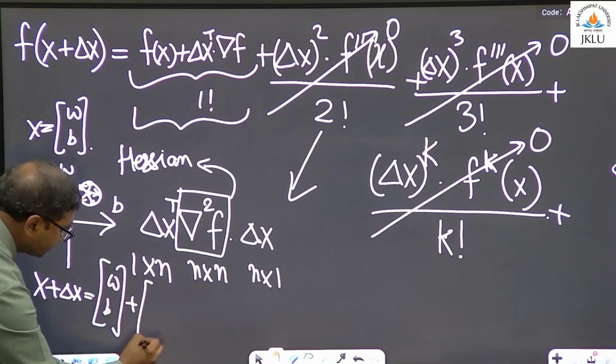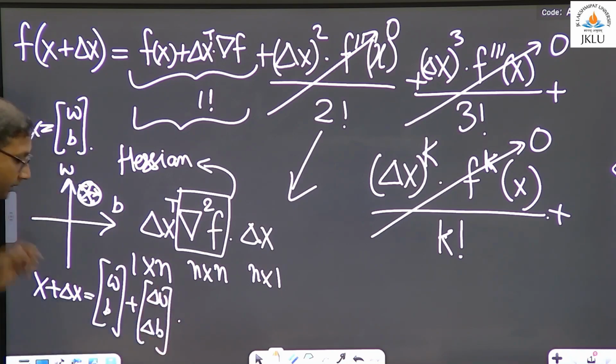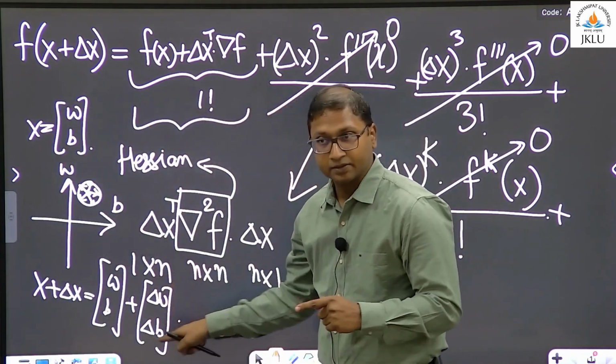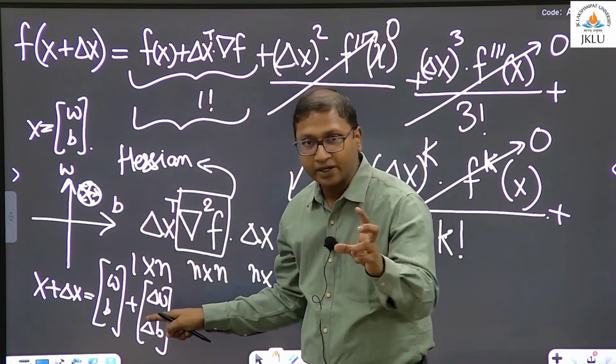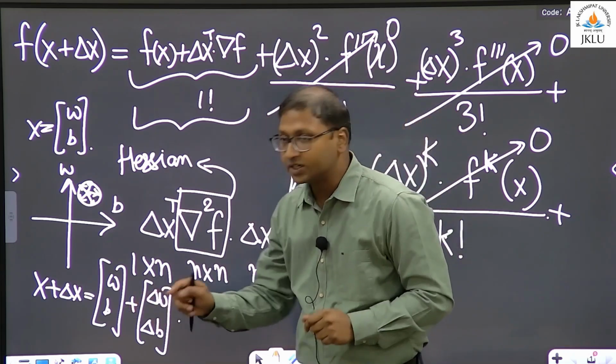wb plus delta w delta b. This is what we are actually doing. So this is a vector, for whatever magnitude you take. You have infinitely many vectors, right? Which direction do I take?